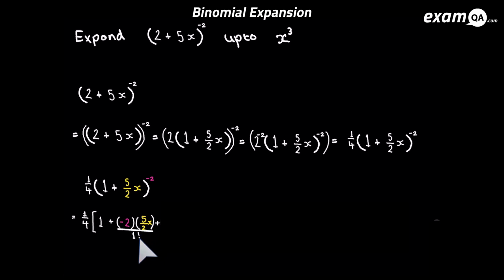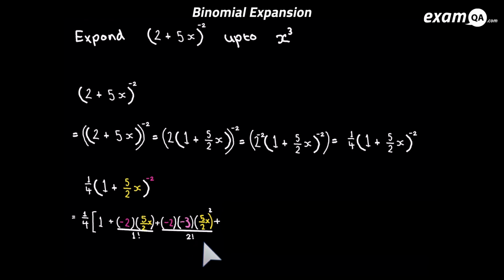Let's go on to the next term. So the next term is the power again, the minus 2. And that multiplies 1 less than the power, which is minus 3. And that 5 over 2x is now to the power of 2. The power's gone up by 1. And all of that's over 2 factorial.